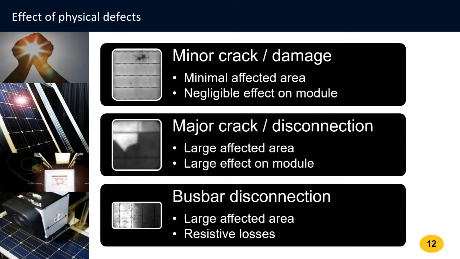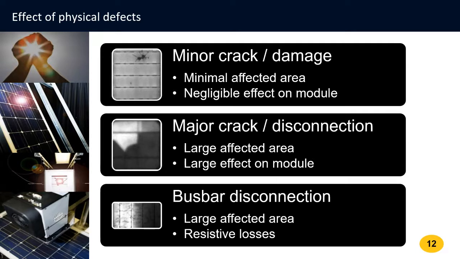Now with the next one, you can see there is a large area that is affected, and this is from a major crack or could be from a physical disconnection, and should have a large effect on the module depending on to what level it is disconnected from the module itself. Then there's busbar disconnection.